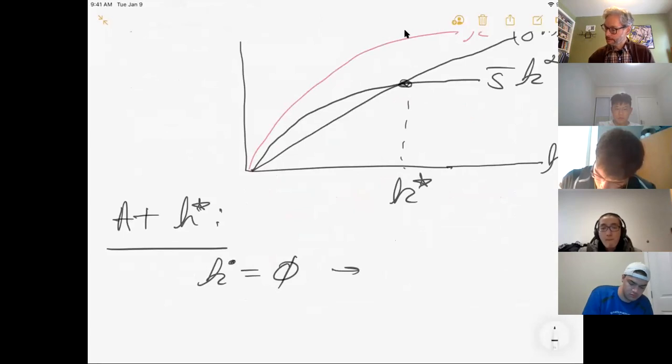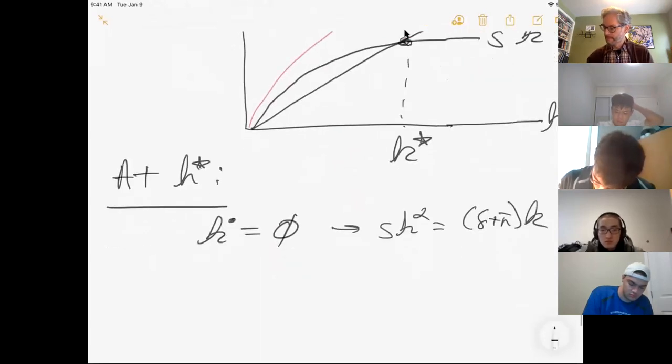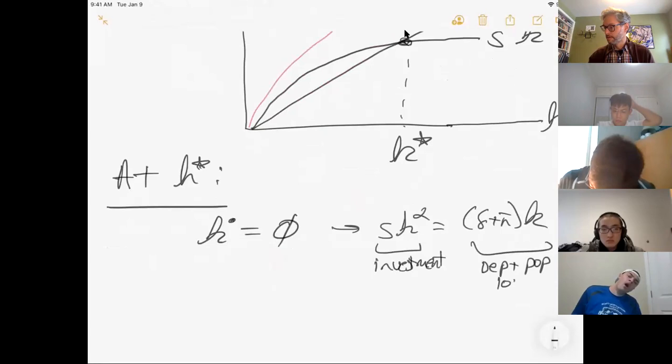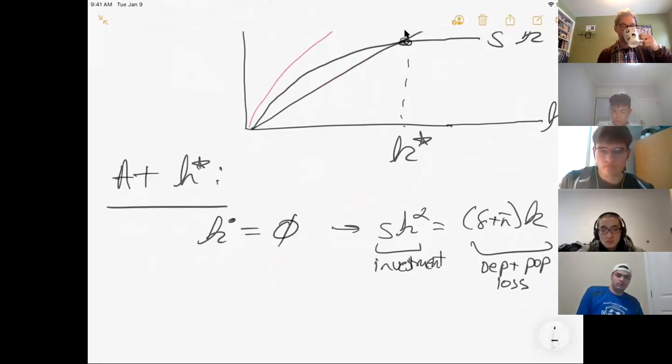Meaning that investment is equal to the loss from depreciation and population growth.